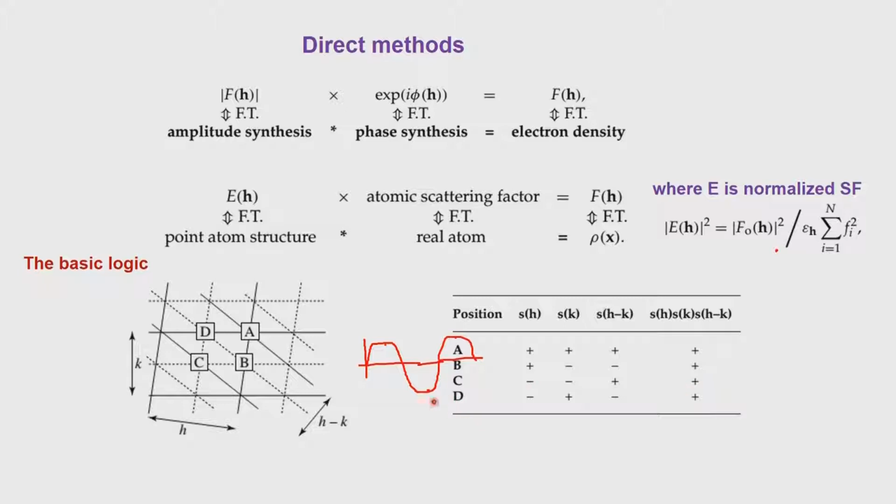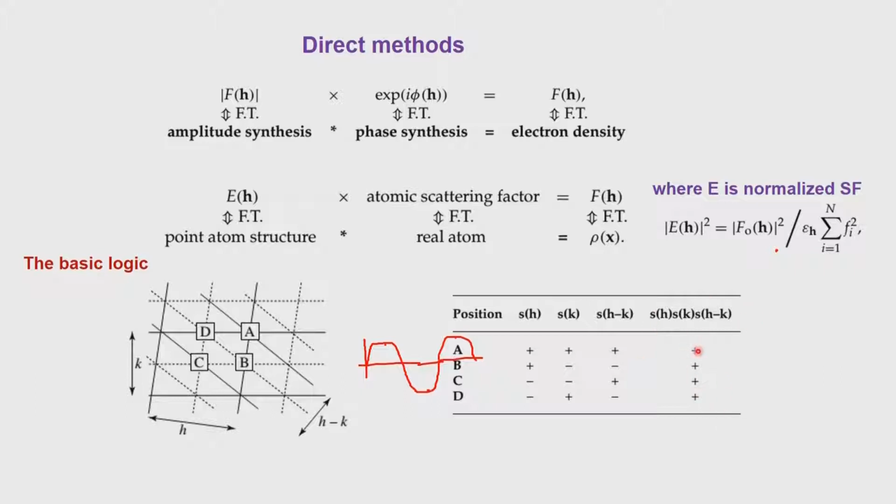At the point D, you have again one of them positive, which is the K value, and these two are going to be negative. So essentially, if you look at this diagram, you have possible combinations with individual signs associated with these planes. It hardly matters, because there is rich electron density associated with these three planes, and that electron density therefore gives, for all 4 positions where there are atoms, the product of the signs positive.